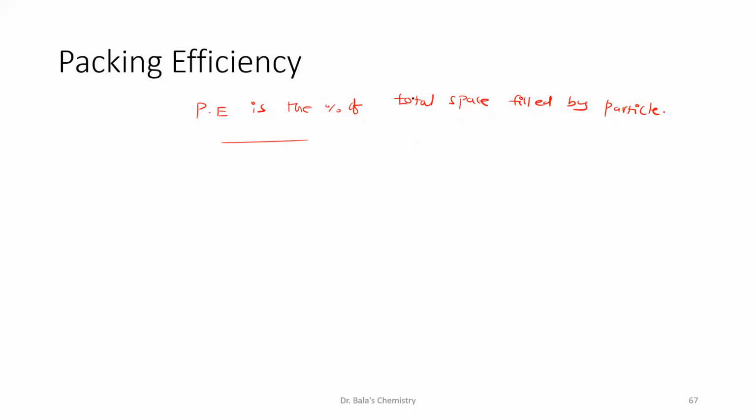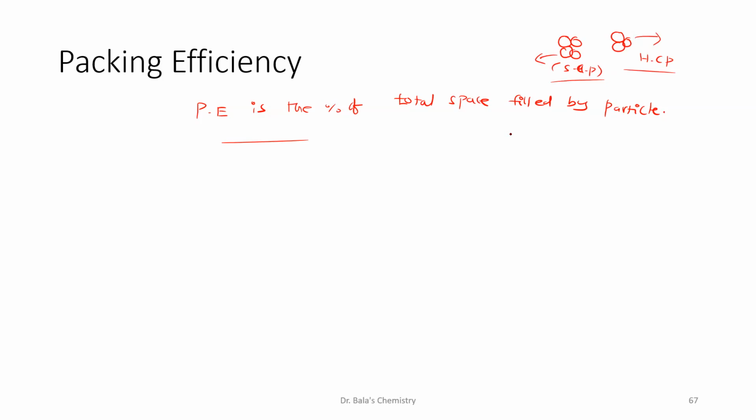So always we have some empty spaces if you pack it in any way. Even if we are packing with square close packing, or hexagonal close packing, HCP structure, in all the cases we have some empty spaces. But here the empty space is large, here the empty space is less.